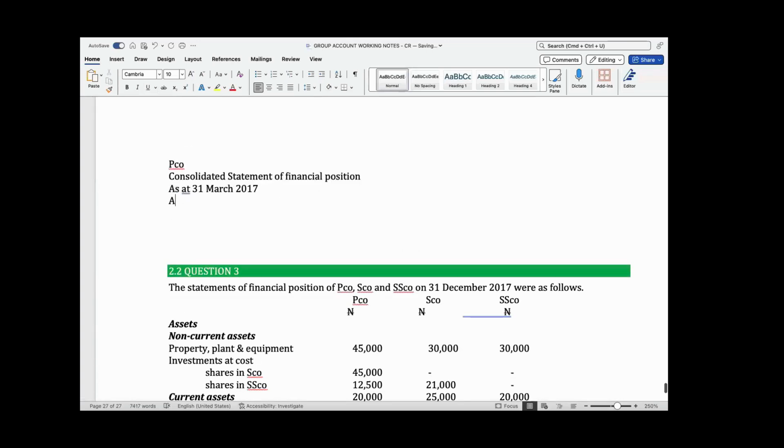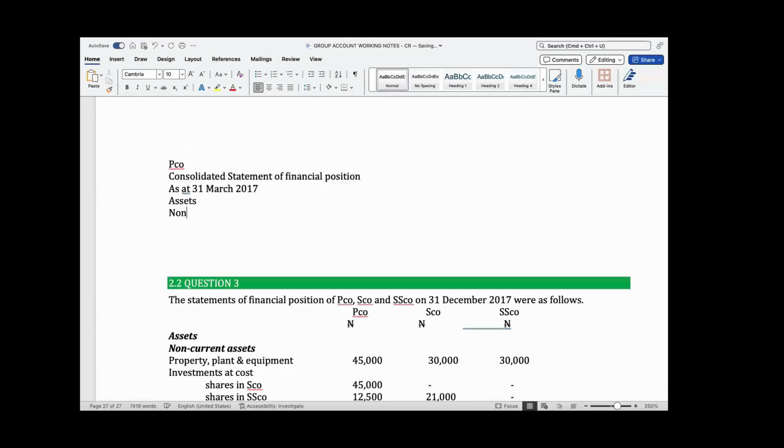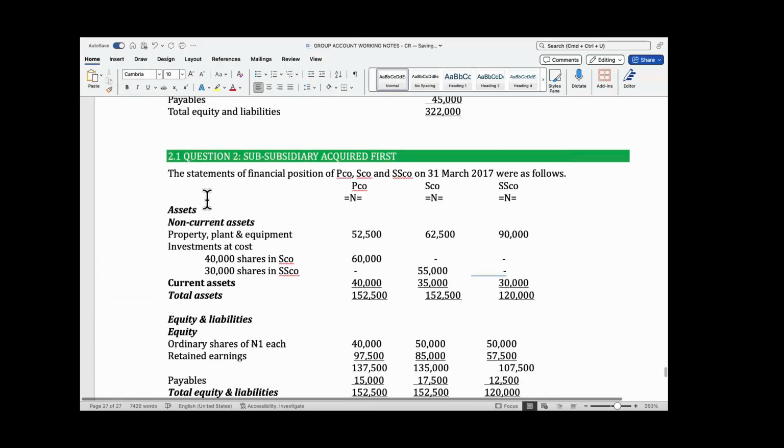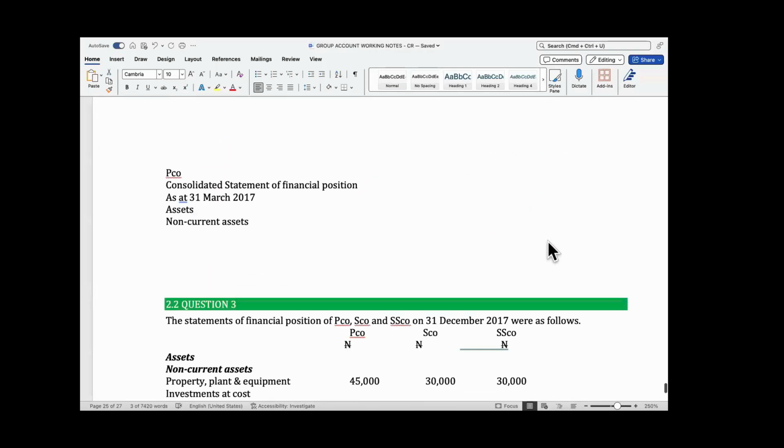So we have assets, non-current assets. What's the first item here? That's PPE. Okay, so can you add these three together? 205,000. Yes, sir. 205,000.